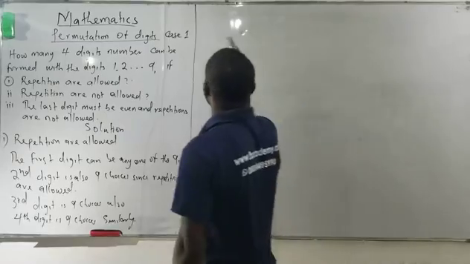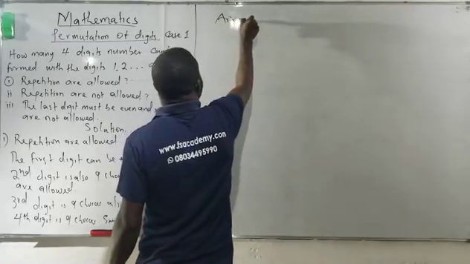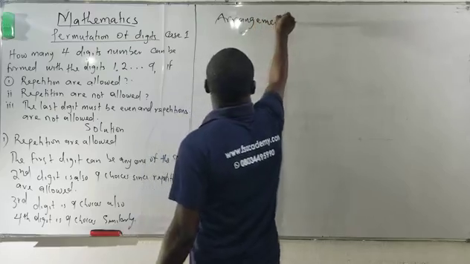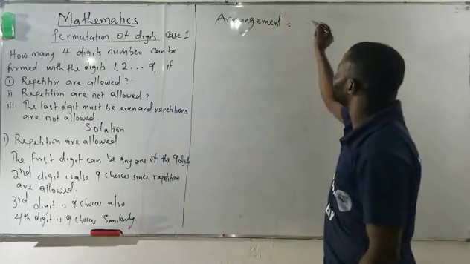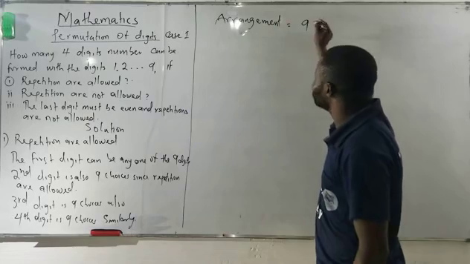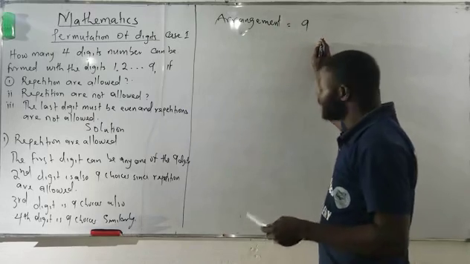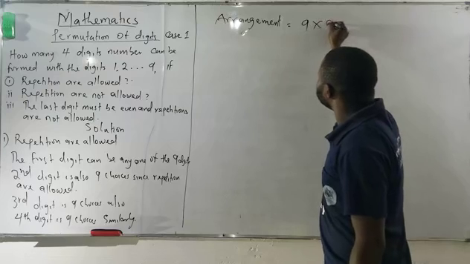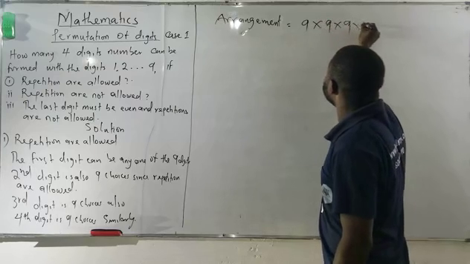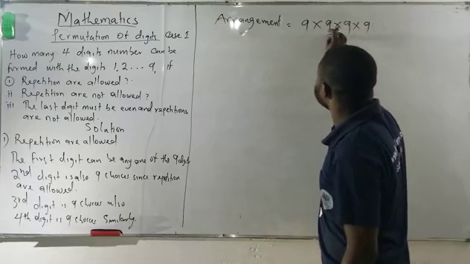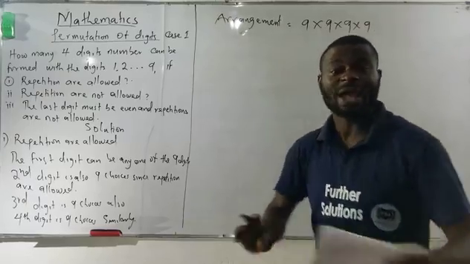Now, the arrangement will be equal to 9 for the first digit, 9, 9, 9, for digits 1, 2, 3, 4. It means you have an option of 9 to pick.